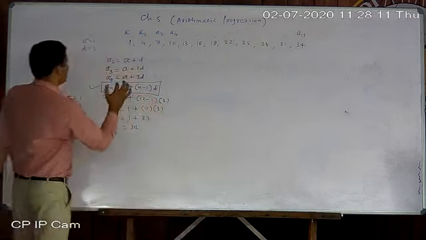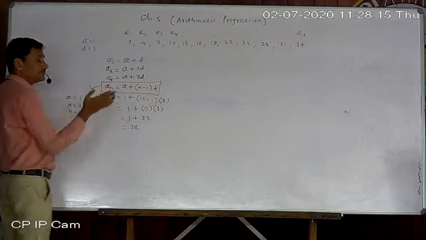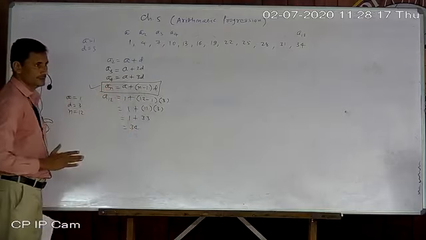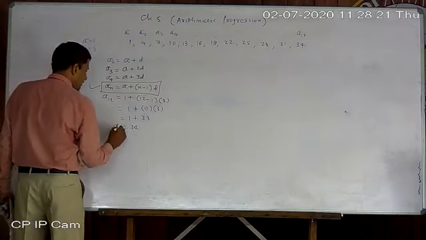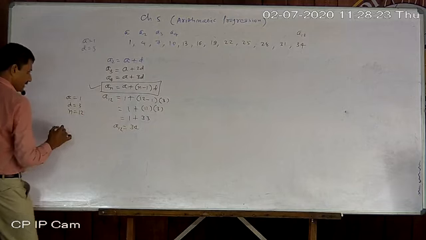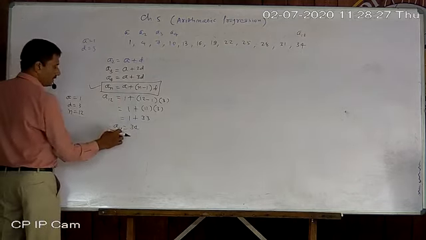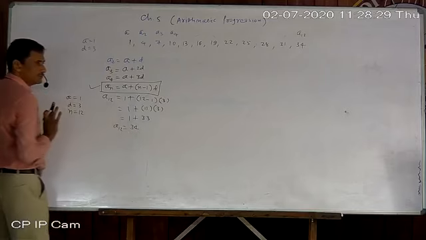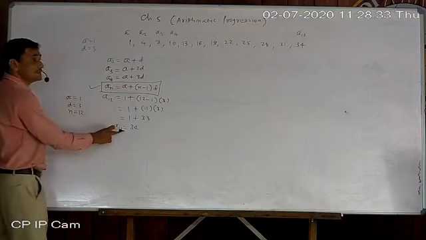So whenever a, d and n are given, you can find an. an means a particular numbered term. Now look here, a12 equal to 34 means what? The 12th term's value is 34, and its number is written here in subscript.